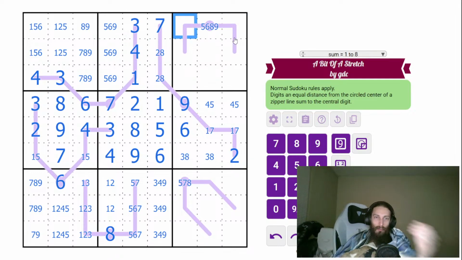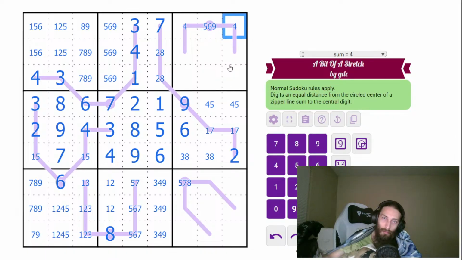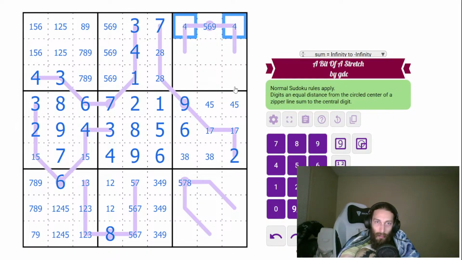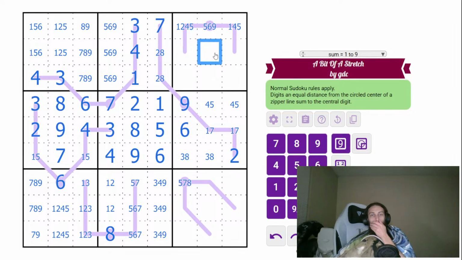Oh, 4 has to be one of these two. So it has to be, yeah. This number can't be 8. So then it would be 1, 4, 2, 4, or 5. And 8 can be placed in row 1.